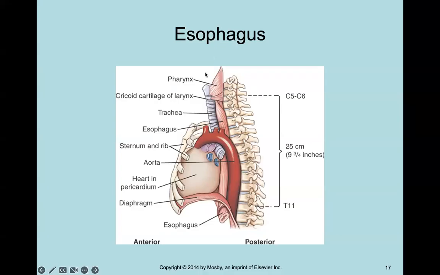Okay, so trachea is this structure here, esophagus is posterior to the trachea. Okay, so it goes down. So the esophagus begins at around C5, C6 and extends all the way to T11. It pierces through the diaphragm, okay, and connects with the stomach.